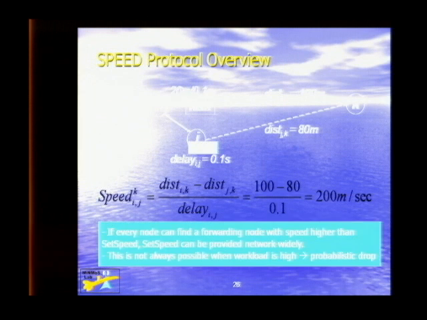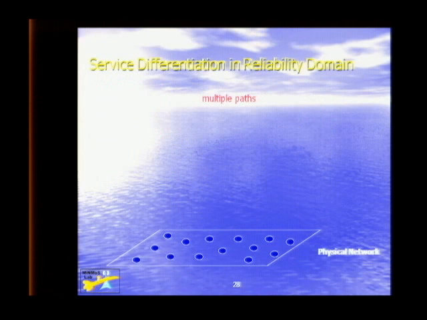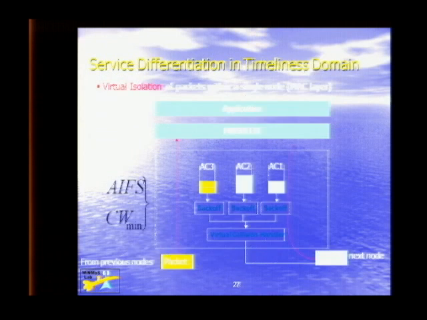And what we do here is we create different speed layers by using different priorities in the node and create virtual isolation of packets within a single node. And across the nodes, we adopt a similar strategy in medium access control as in 802.11 by using different backoff intervals for different priorities.